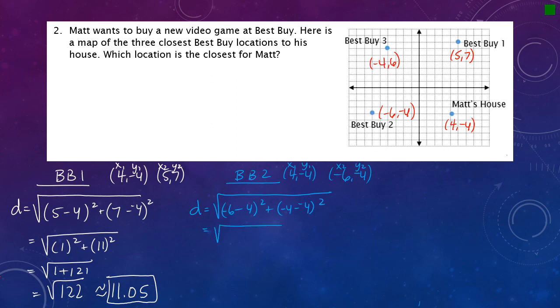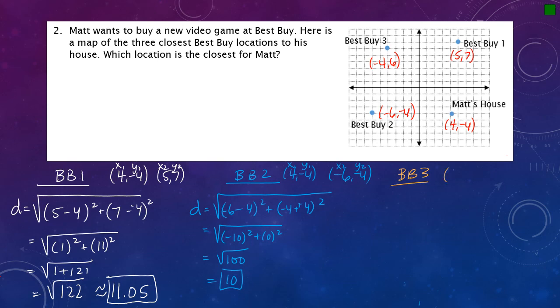All right, -6 minus 4 is -10. And -4 minus -4 is the same as -4 plus 4, which is 0. So I end up with the square root of 100, or 10. So this one I didn't even have to figure out the decimal because it came out to be a perfect square. All right, last but not least, Best Buy 3.